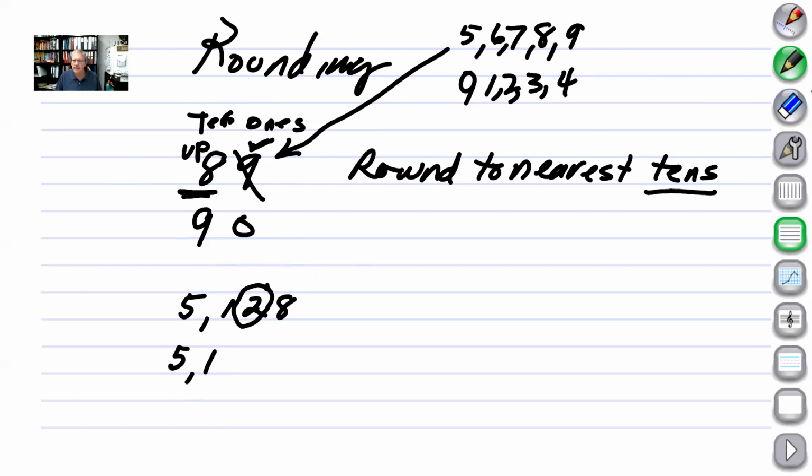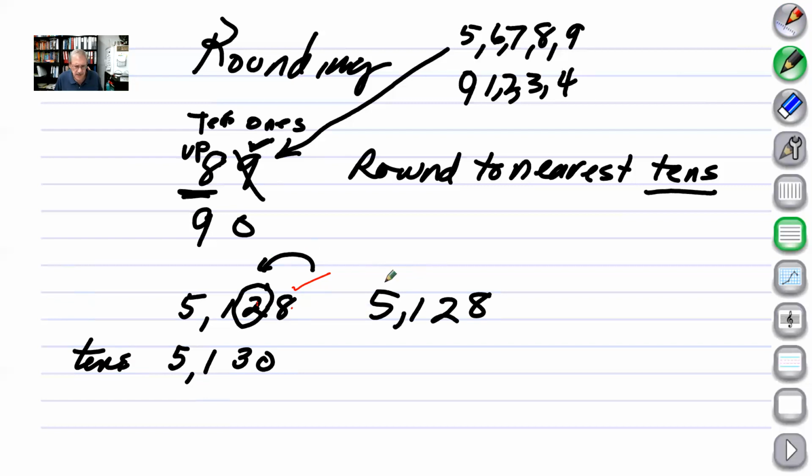And this is the number that's going to determine whether it stays a 2 or becomes a 3. And we look at it and say, round it up, 30. So that's to the tens. Let's put the tens down here. Okay, well, let's take the same number, 5,128. And let's round this, comma helps, to the nearest 1,000.